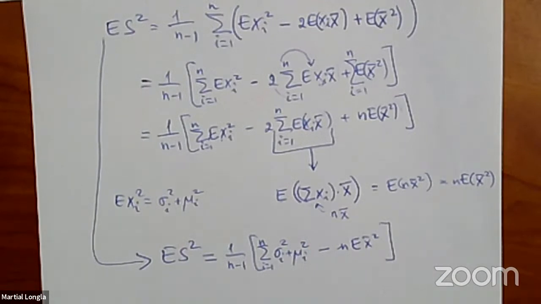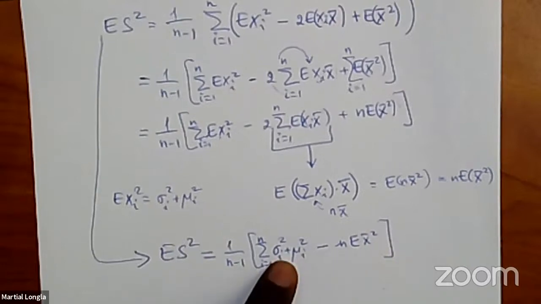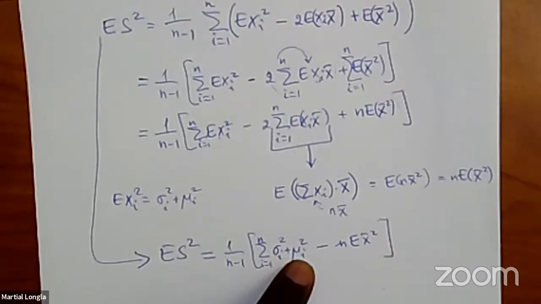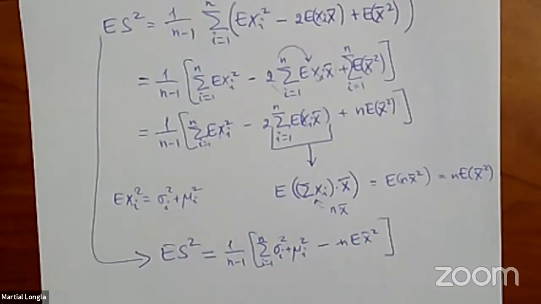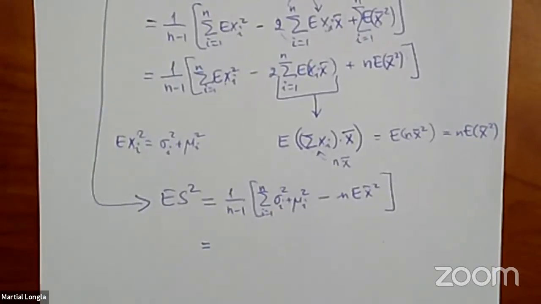Now, how do we find the expected value of x bar squared? I just wrote the answer. The expected value of the square is the variance plus the square of the mean. Right? That's what you write here, and we already computed the variance of x bar.